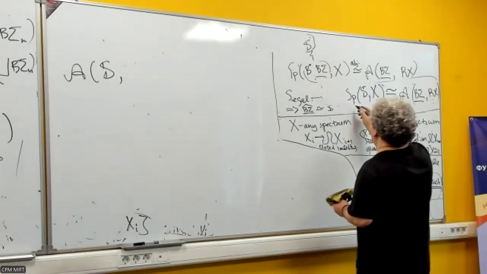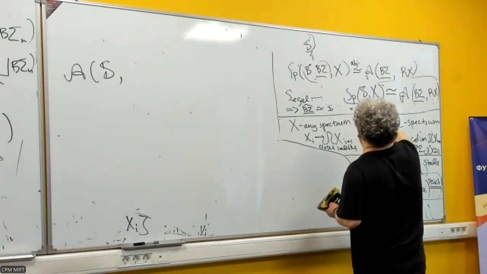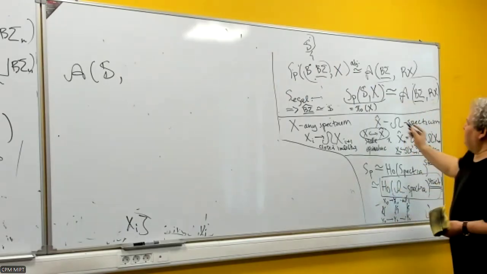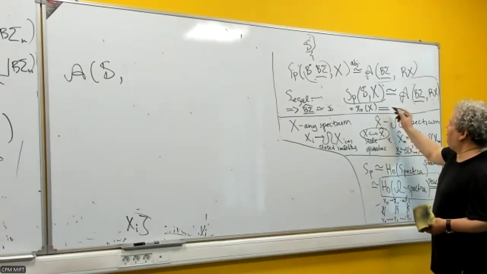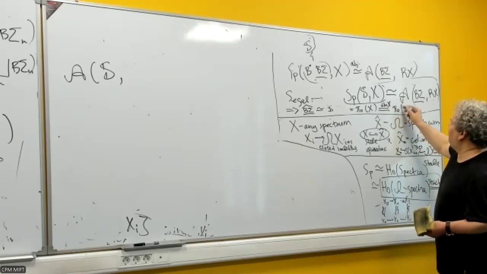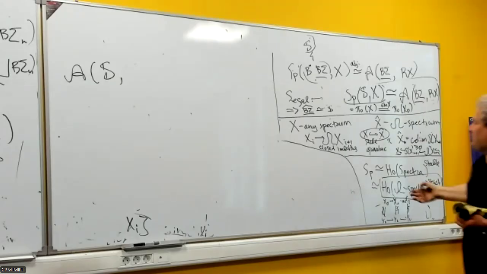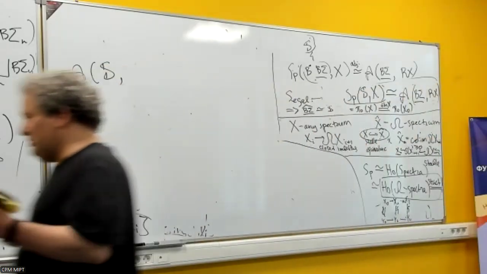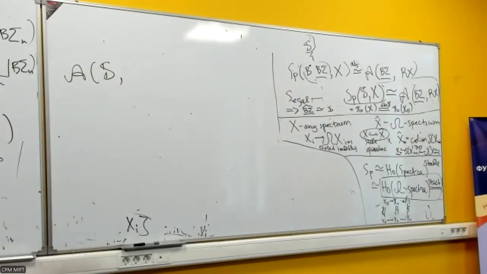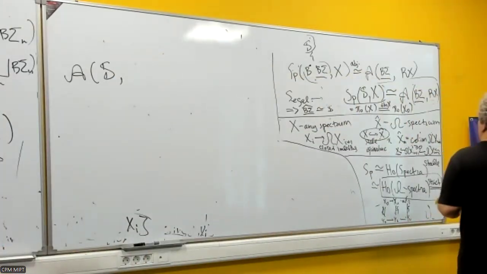But actually this one is exactly pi 0 of X, of the spectrum. And as X is fibrant, it's actually pi 0 of X0, because for a fibrant spectrum, for an omega spectrum, pi 0 of this spectrum is just pi 0 of the 0 component.